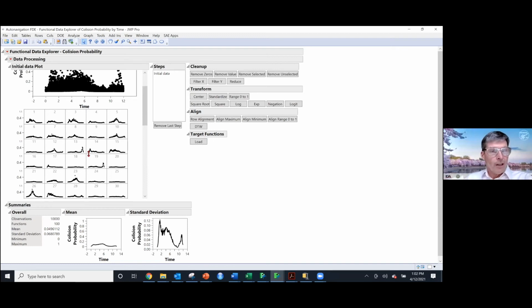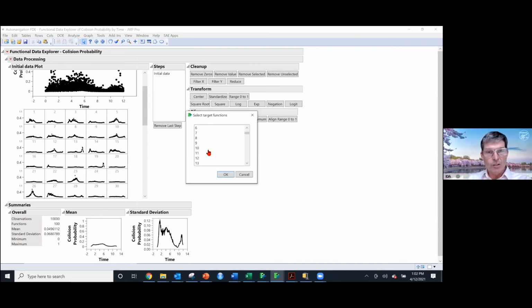So, for the sake of argument, we'll say 19 is what we want. I'll put that in my target function, that I want to replicate. So goodness to me is going to be 19, we'll say. And I know realistically, that's probably not what you want.